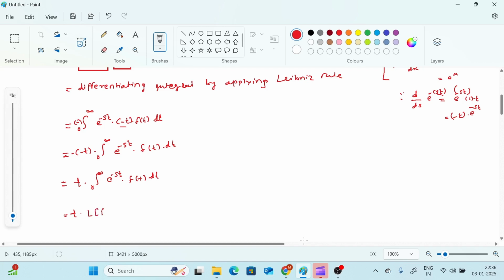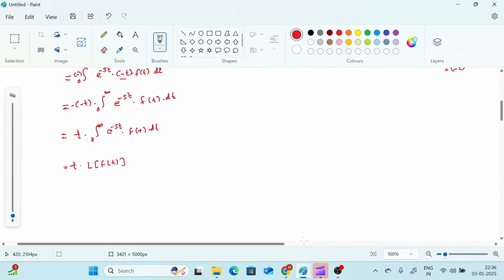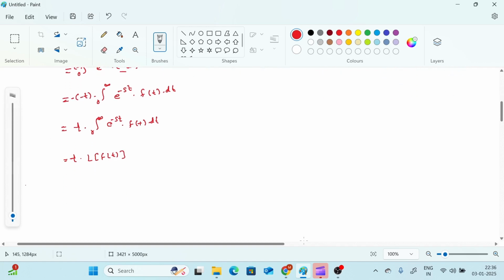Laplace of f of t, right? And this is the required t into Laplace of f of t, which is the left hand side.